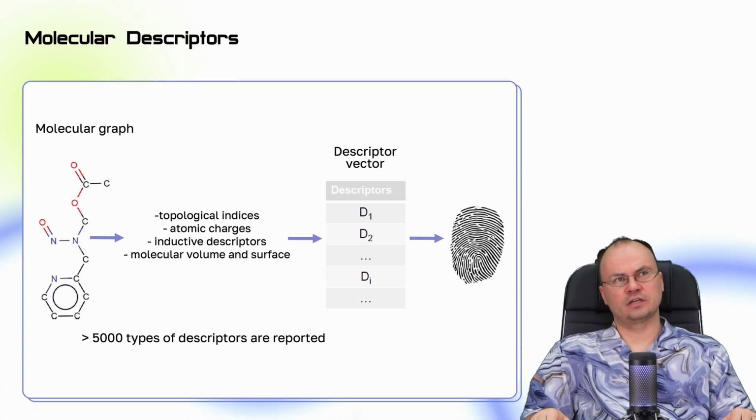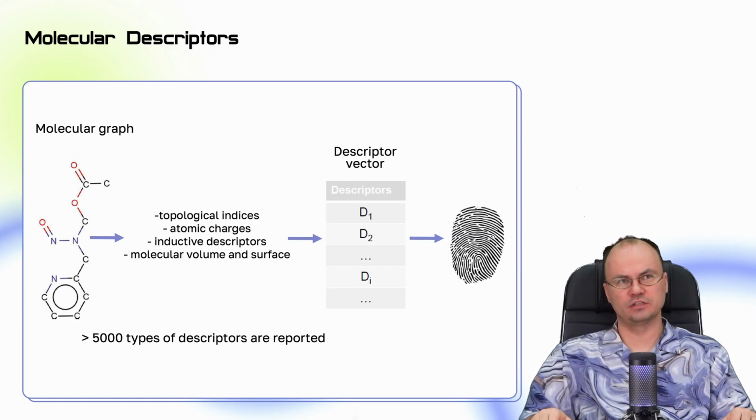What is the chemical molecular descriptor and how will we implement these descriptors in chemoinformatics?